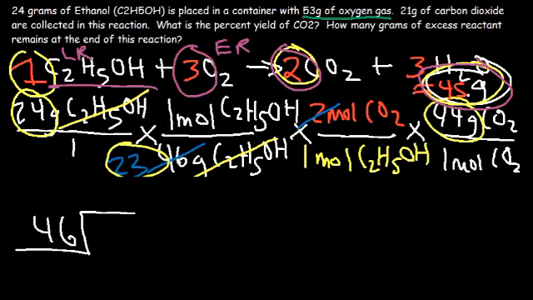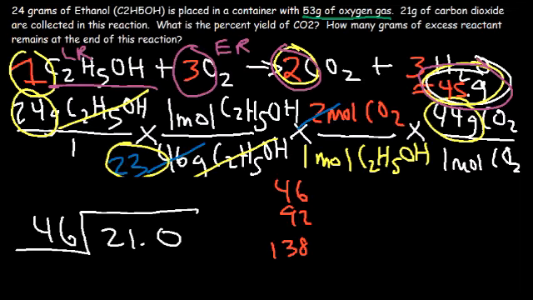So 46 into 21. Let's add a 0. So we have 46, 92. Let's see, 46 plus 92, that's 138. If we add 46 again, that's going to be 184. And if we add another 46, that's 230.